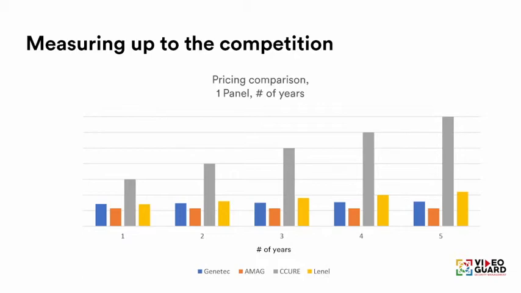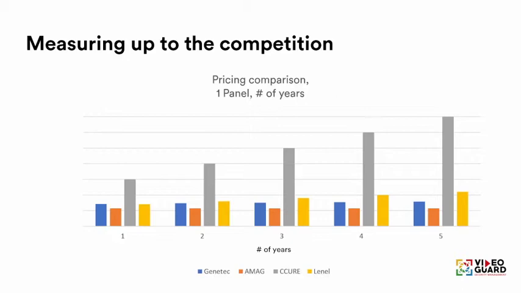So the one caveat here is that as we were going through this, the pricing information that we had did not include any recurring fees for AMAG. But even at that, as you go through the years, you'll see that our price stays fairly stable. It's a very small advantage price on each panel.